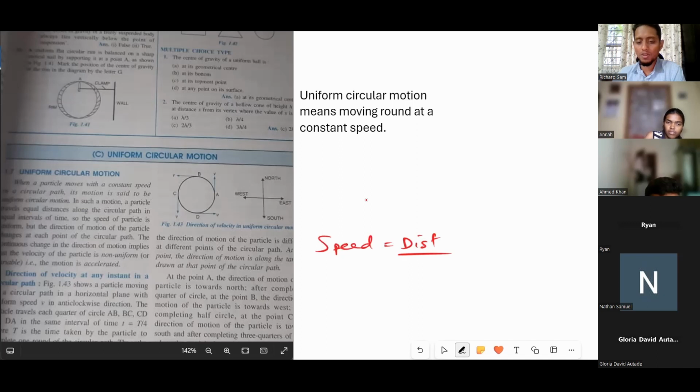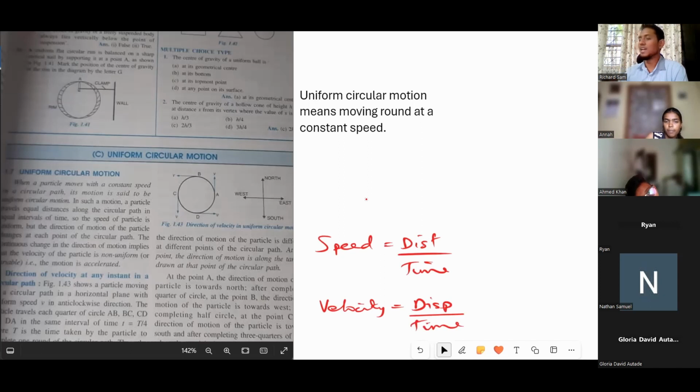And what's the formula for velocity? Displacement upon time. Okay. What is distance and what is displacement? Are they the same? No. We have seen this before.